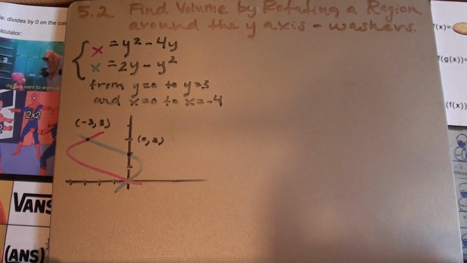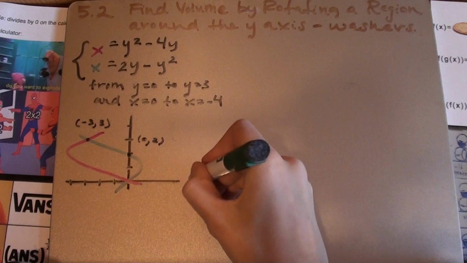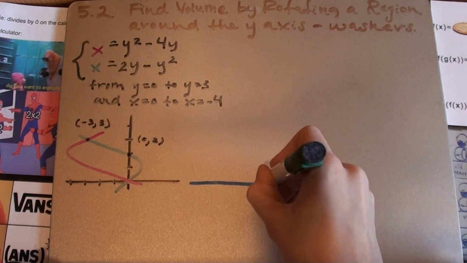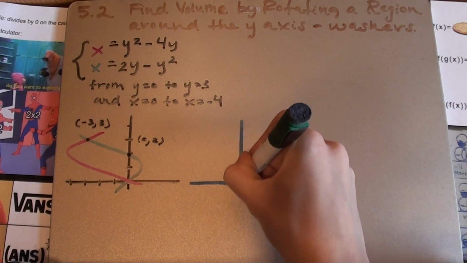Okay, so with that in mind, let's break up our work. So like I said, we're going to be splitting it up, so I'm going to do the bottom half first. So the bottom half is just where we're working with our pink function, right?